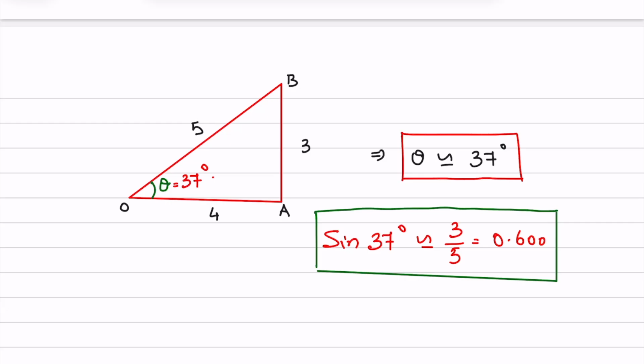Now, our next step is to find sin 22.5 degrees and sin 2 theta. This we will be doing in the next class because it involves the composite angles.